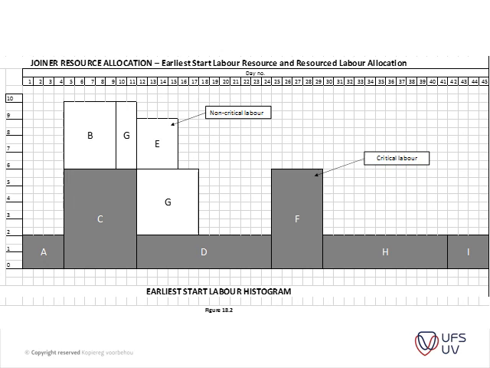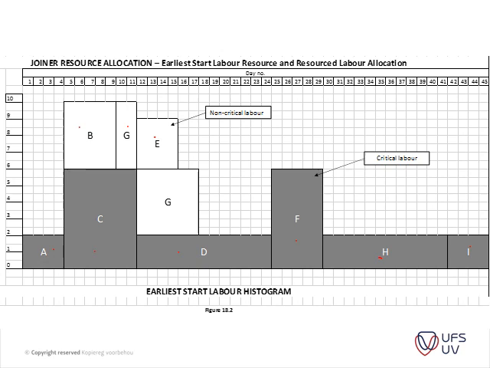Looking at figure 18.2, this is the histogram showing the amount of laborers that he needs. A, C, D, F are the critical labor, whereas you have B, E, and G, which continues through here, which gives you the non-critical labor items.